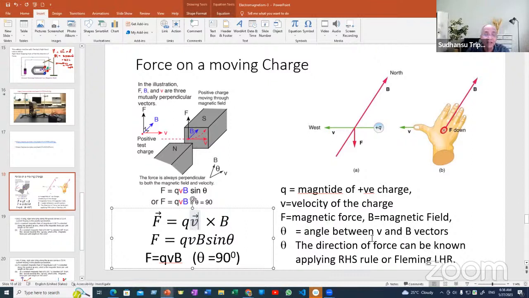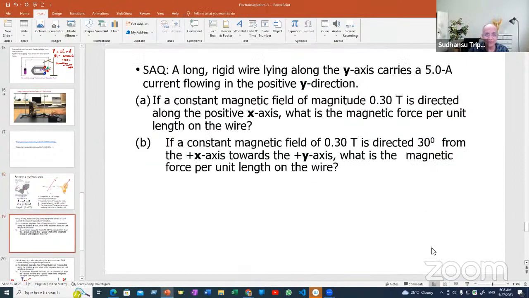If you are given motion of an electron in this direction, then you immediately make the direction opposite and then apply whichever of the three rules you know, starting from the origin FLR, then RHP, third rule, or RHP, right hand pushing rule, or the vector rule, to get the same thing.